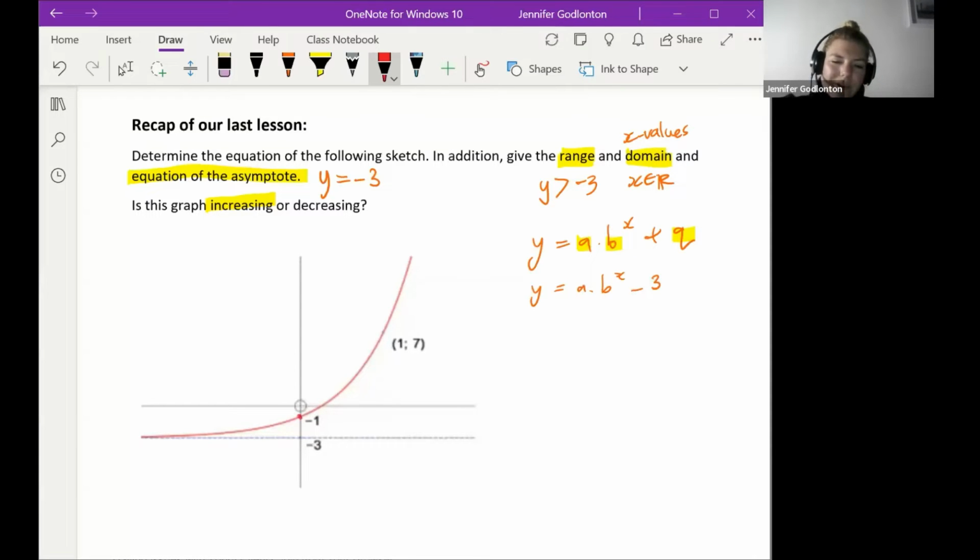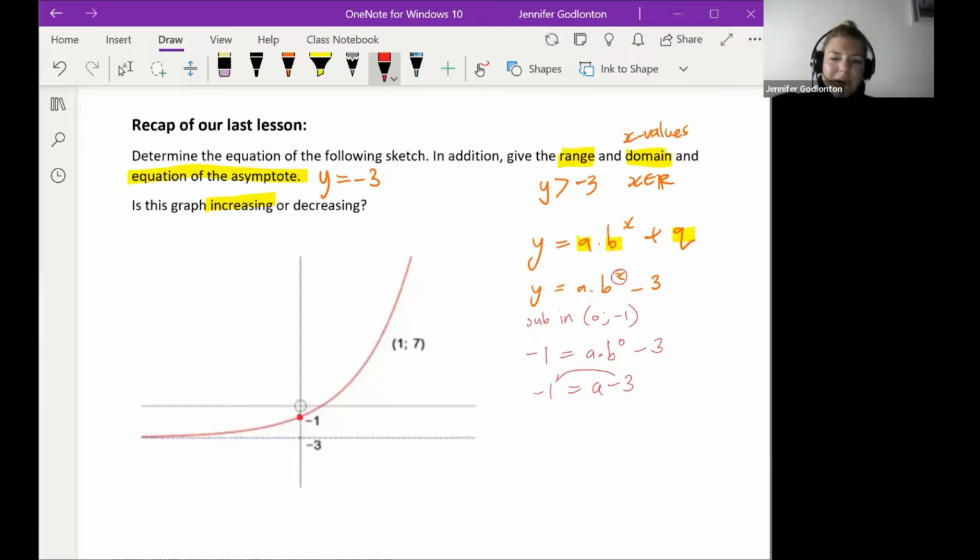Nice. So now we're going to start with our y-intercept. We're going to sub in 0 and -1, and we want to put that 0 where the x is so that b becomes 1 and essentially goes away. So we're going to have -1 is equal to a times b to the power of 0 minus 3, which means -1 is equal to a minus 3.